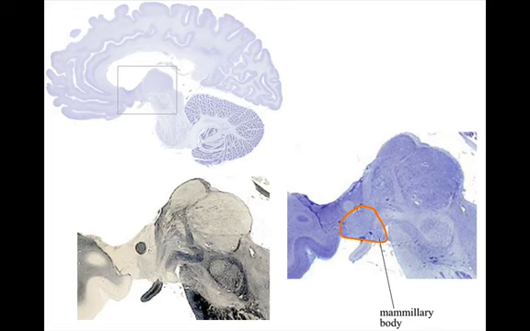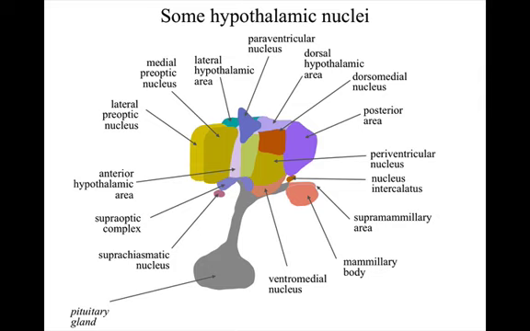This is the location of the hypothalamus. Here it's shown in the axon stained section. It's not very clearly delineated and in fact has a very complex inhomogeneous structure. This is a drawing of some of the major nuclei that have been identified in the hypothalamus.